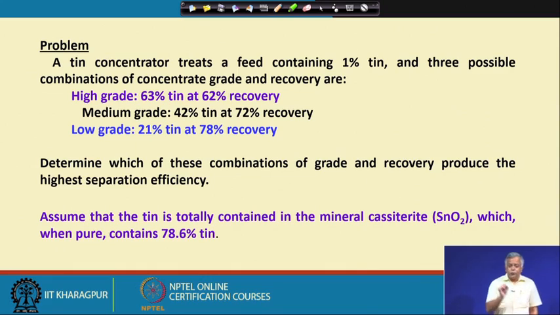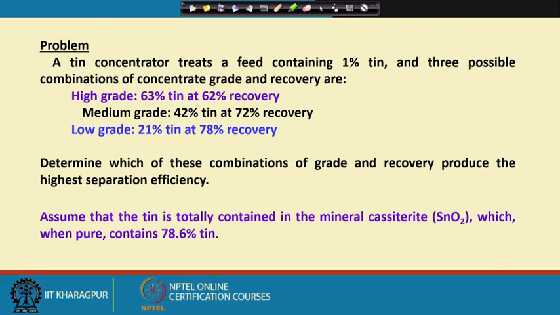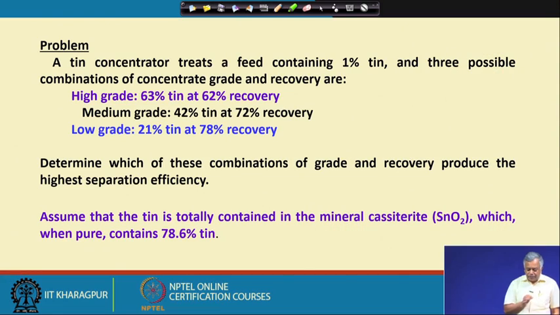But before that, to get the value of m, that is the maximum tin contained in the mineral: the common mineral for tin is cassiterite, SnO2, which when pure contains 78.6% tin. If you put in the atomic weights of Sn and O2, you can get this value.